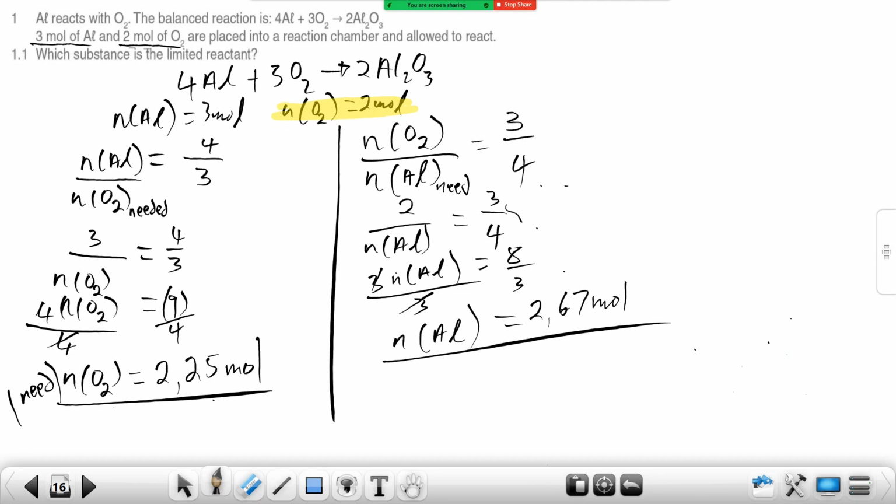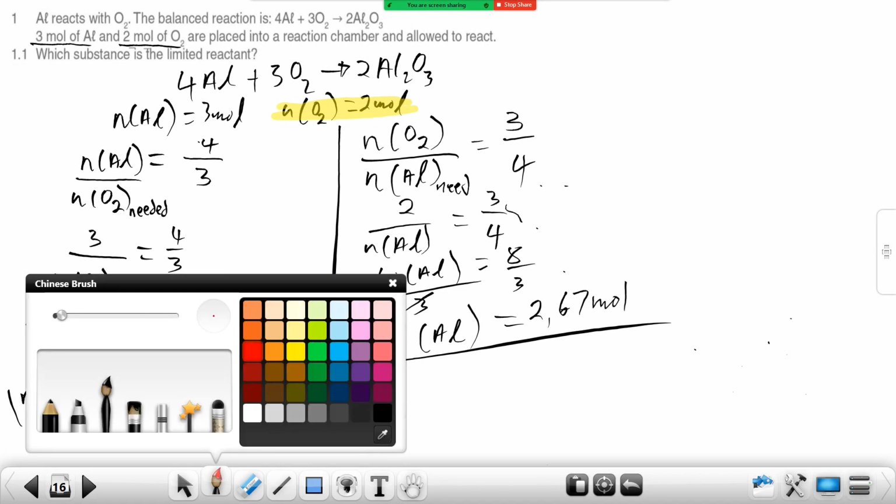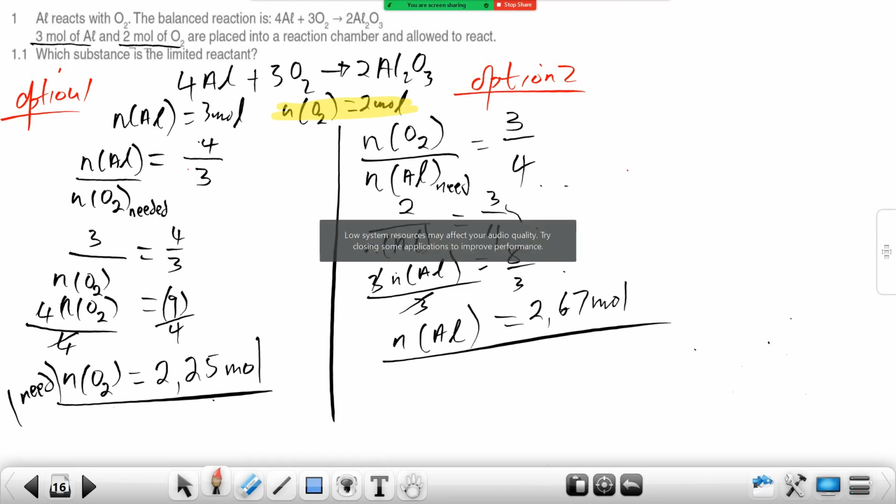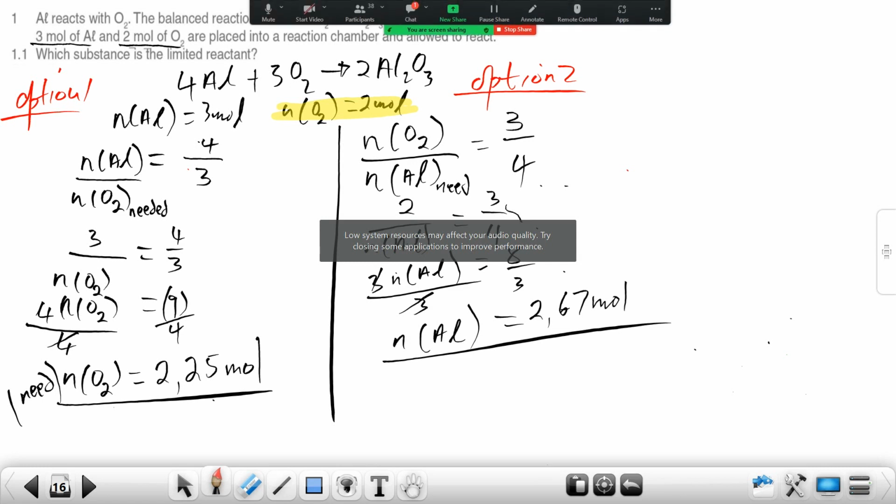Fine. Now I have, let's call this one option 1, and then I call this option 2. I'm going to explain option 1 and allow questions, then option 2.